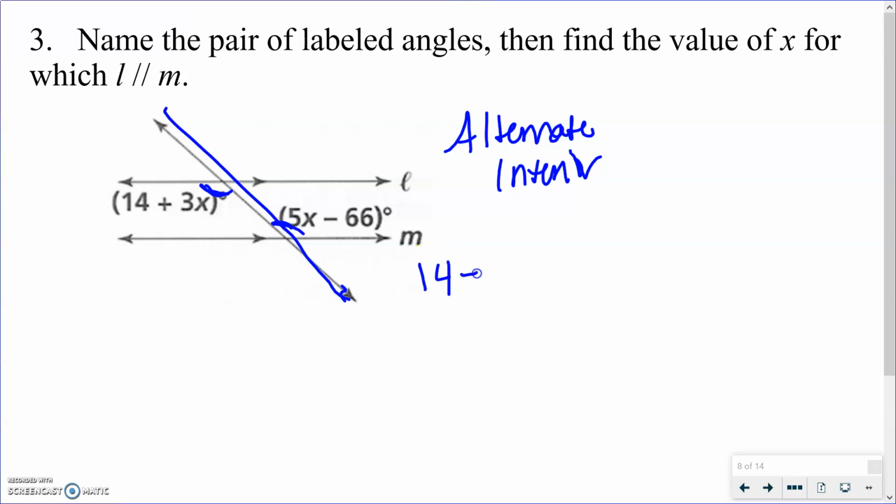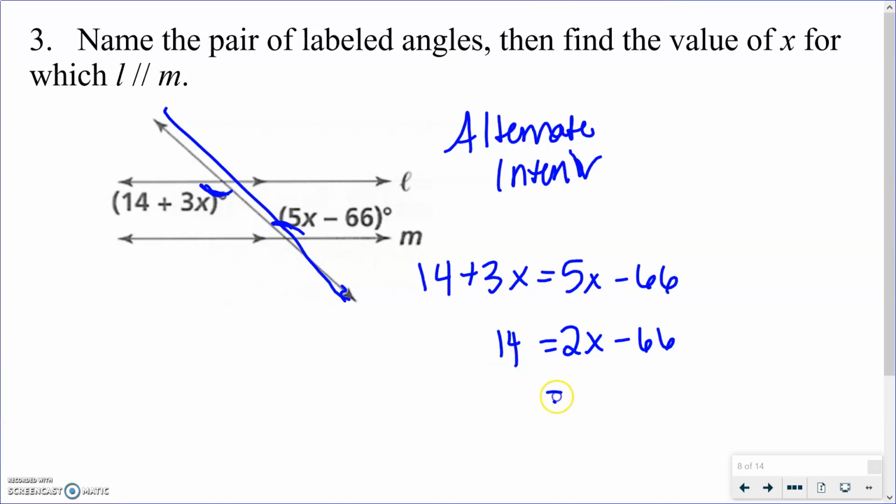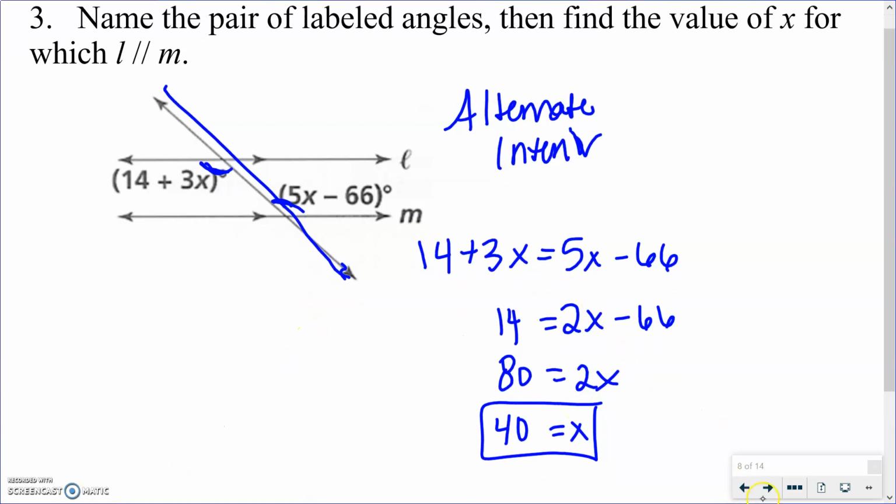So we get 14 plus 3x equals 5x minus 66. Then we can solve this and subtract and get 2x minus 66 equals 14, and then 2x equals 80. So we know that x is equal to 40. And that is the value for x that would make L and M parallel lines because they need to be congruent angles.